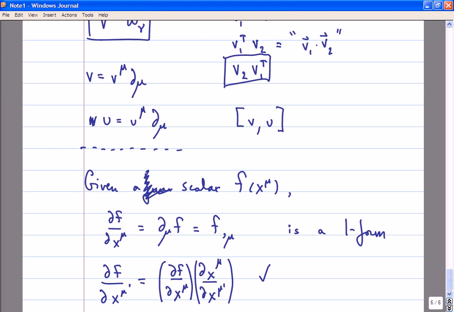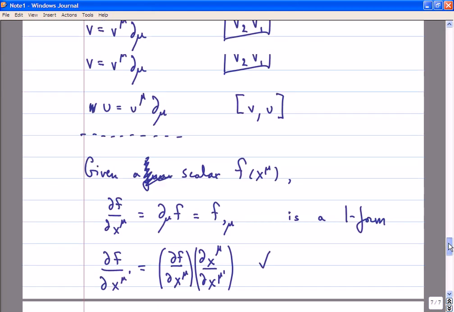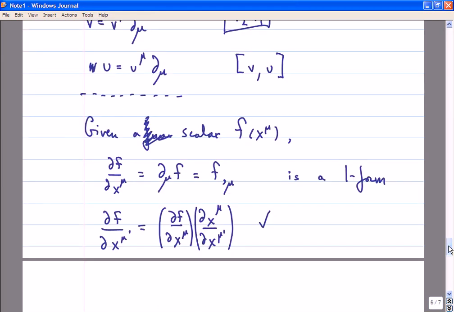For example, in your classes on vector calculus, you would write down symbols like a scalar f, and then you would take a set of three derivatives of f that you would call the gradient of f. And that's a set of three quantities that transform in a particular way, you called those a vector in your vector calculus class. In fact, that's a one form, not a vector, if one wanted to be precise about it.